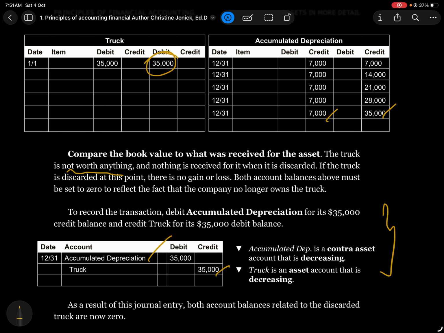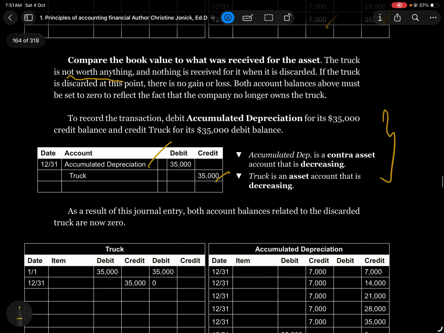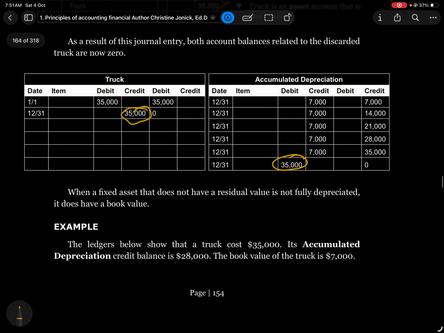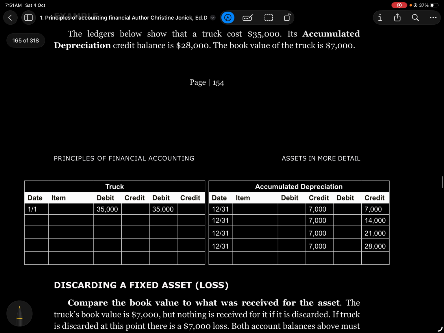Now the ledgers are cleared out, right? So what would happen? It would look something like this. In the truck ledger, it would be 35,000 credit, and in accumulated depreciation, 35,000. Right? That's how the FA ledger would look.